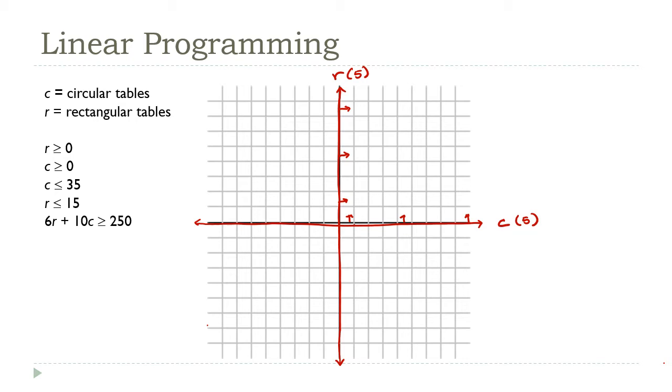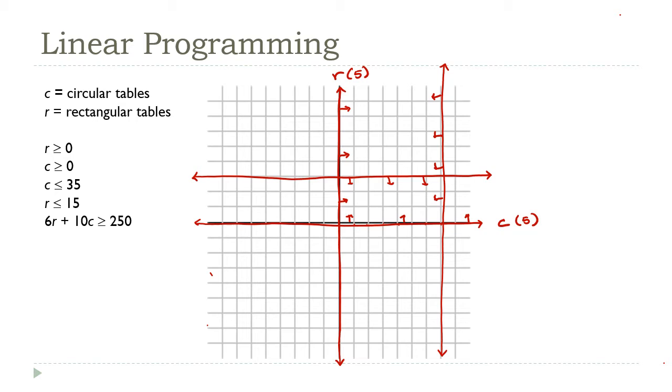Well, I'm going to count out 5, 10, 15, 20, 25, 30, 35. That's right here. And we need less than that many. All right, and then I'm going to do the same thing with R. R has to be less than or equal to 15, so that's going to be 3 lines up. That's here. And we need less than that number, so that's good. Okay, so we're going on this rectangle so far.